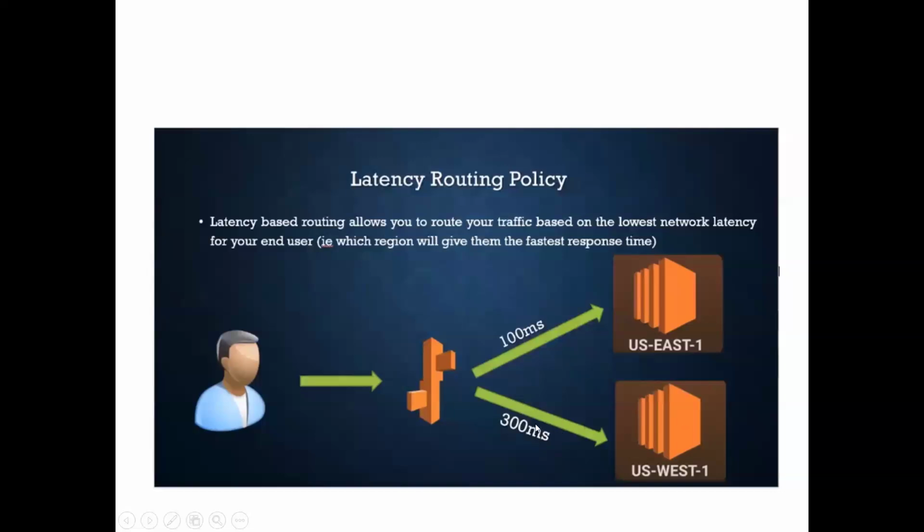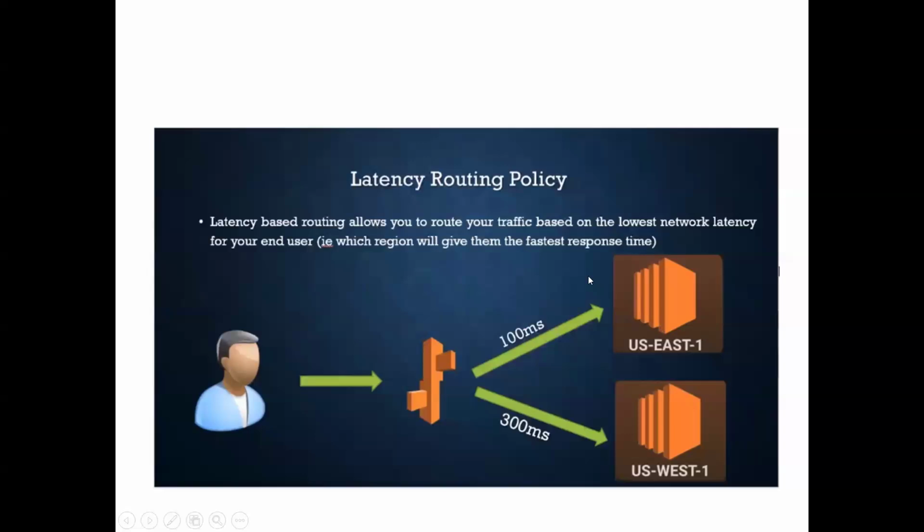US West 1 has more latency because it takes 300 milliseconds, and the lowest latency network is US East 1. So if you configure the latency routing policy, our traffic will be routed to the lowest network latency.